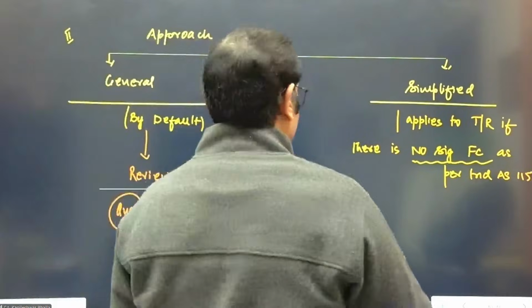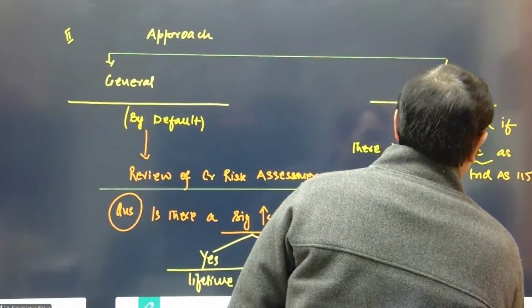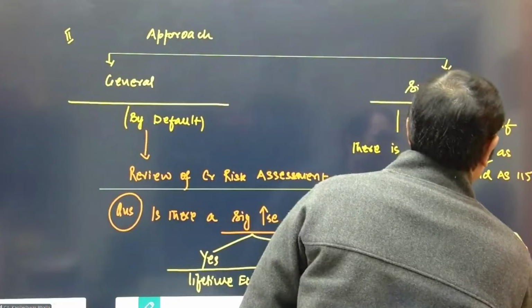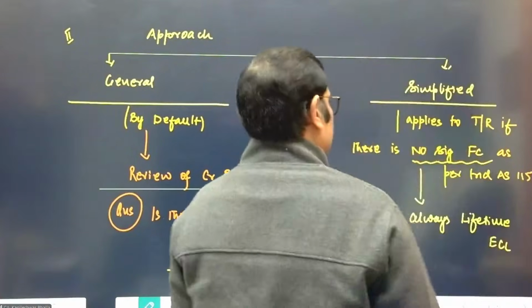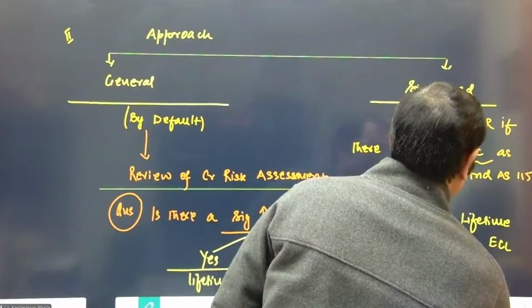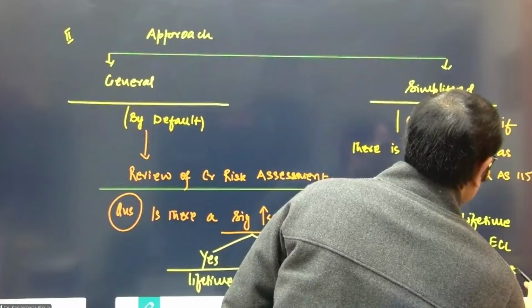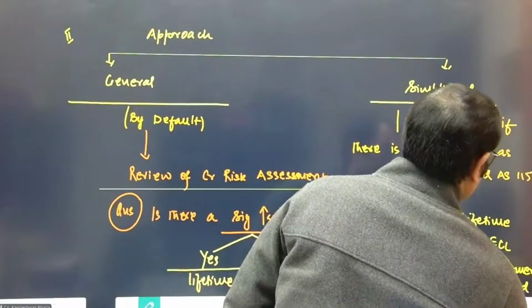In terms of a simplified approach, there is always a lifetime ECL. We always use a lifetime ECL approach in this particular case. So there is no credit risk assessment required.